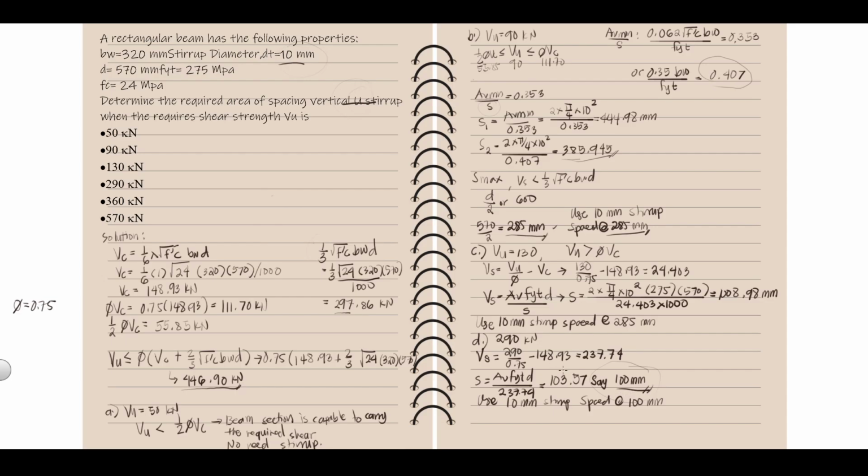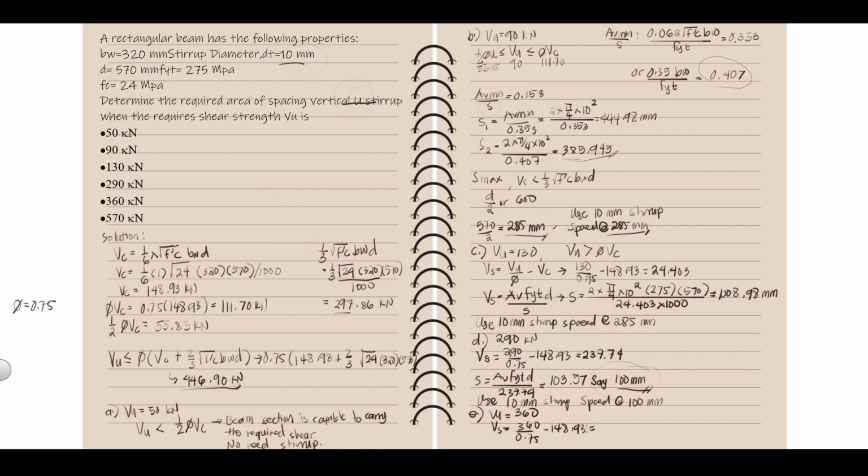Alright, so letter E. Saan natin pwedeng ilagay yung letter E? So, pwede dito sa baba. Letter E. So, ganun pa rin. Ang VU natin is, what's our VU? 360. So, tanong, what's our VS? So, VS is 360 divided by 0.75 minus 148.93.